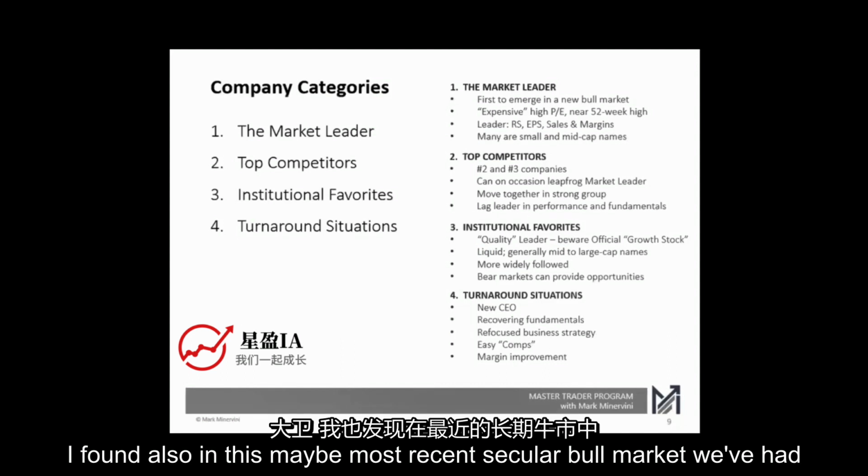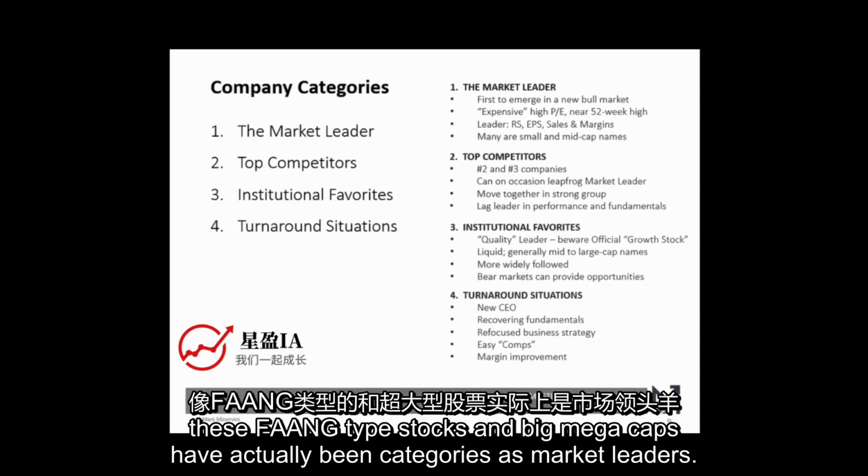Yeah, Dave, and I found also, in this most recent secular bull market, we've had these FANG type stocks and big mega caps categorized as market leaders.